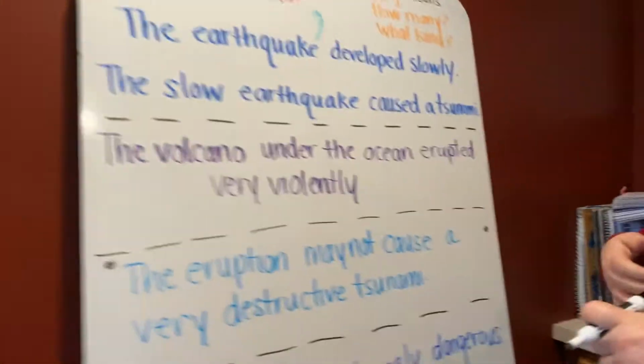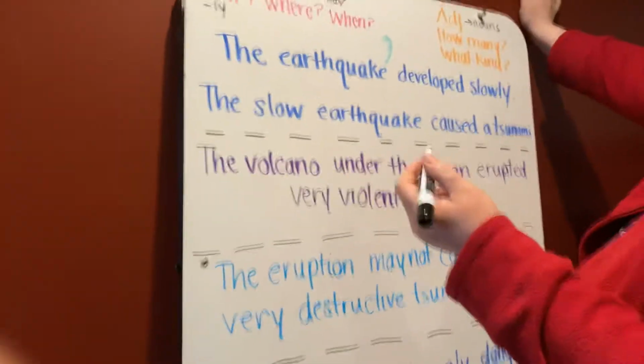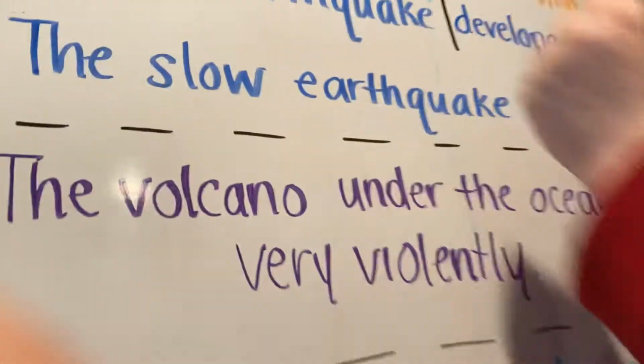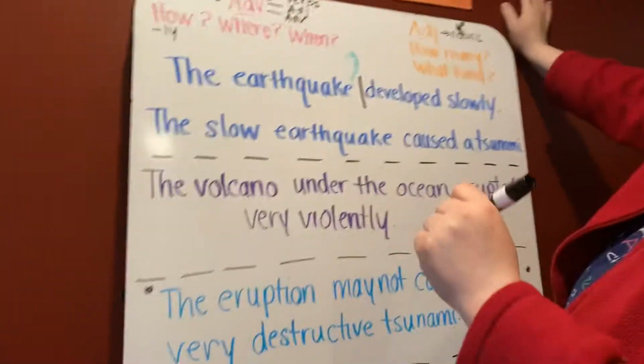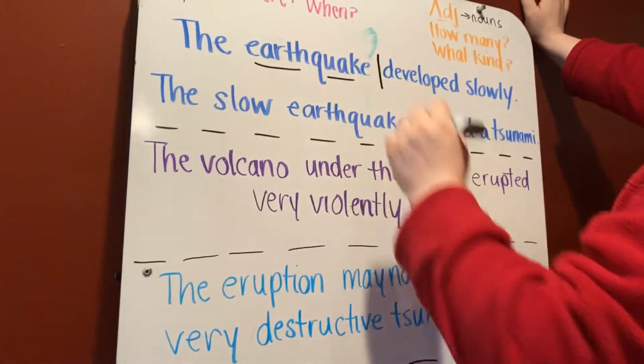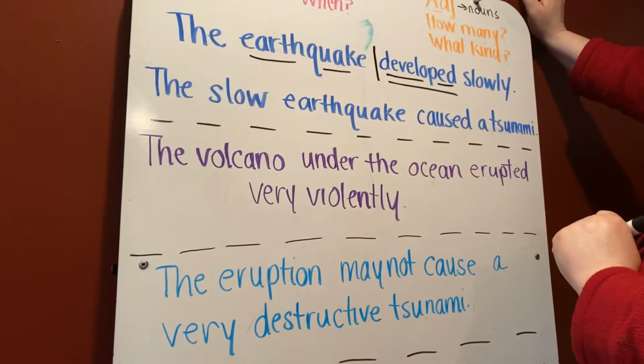Okay. The earthquake developed slowly. Where would that sentence split? After earthquake. What's my subject? My subject is earthquake. What did the earthquake do? It developed. That's our verb. What is the?